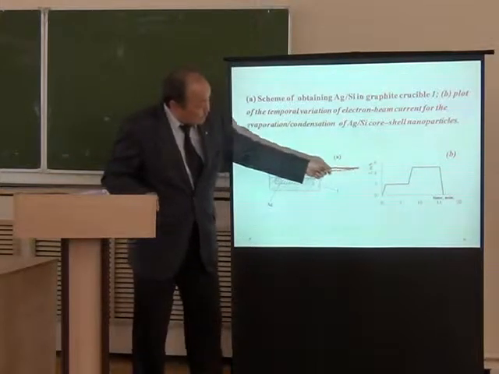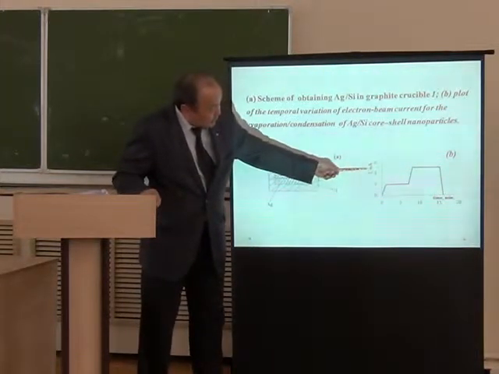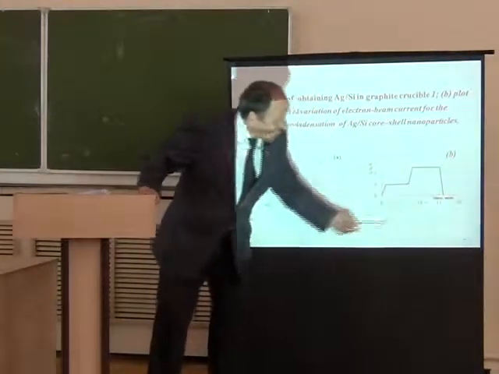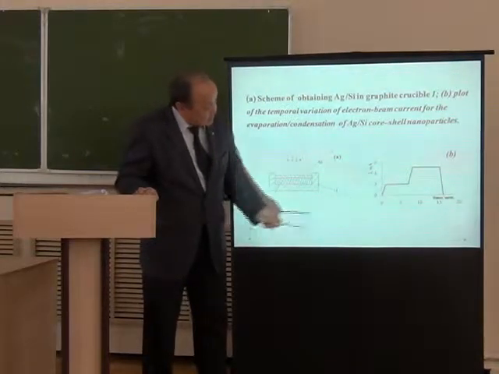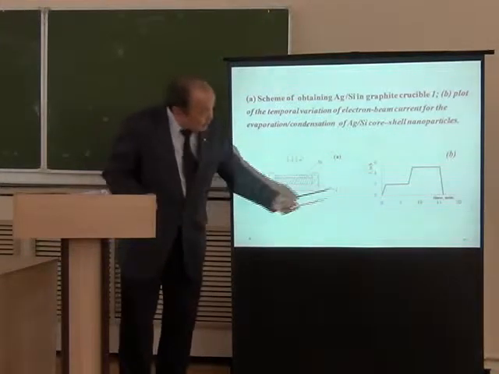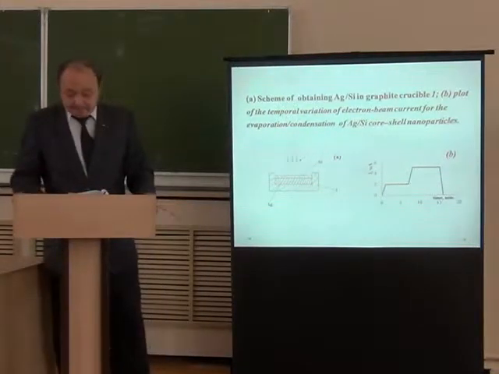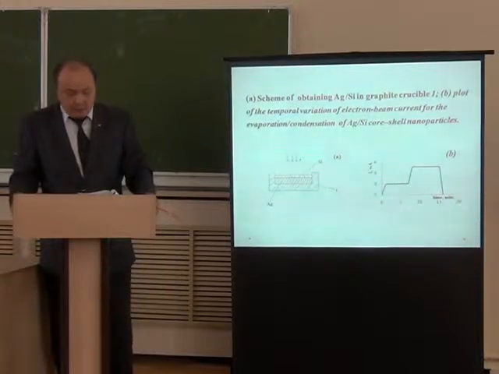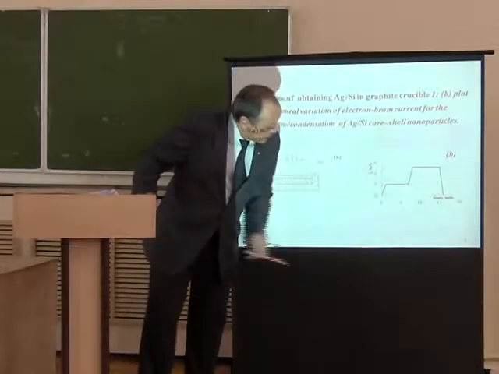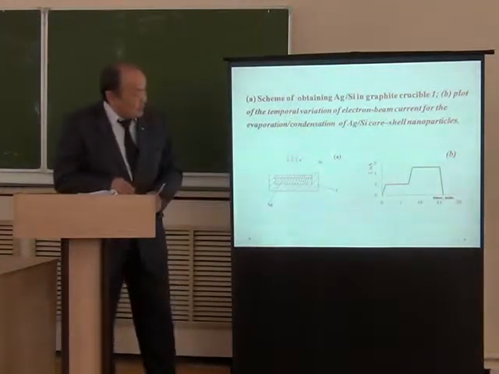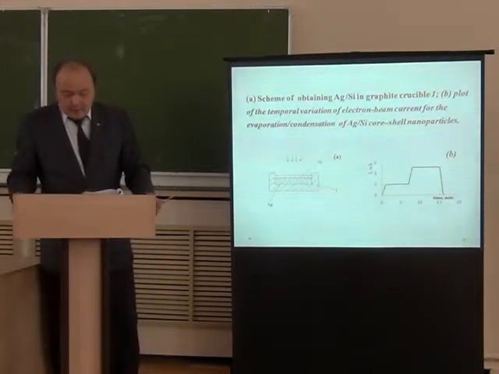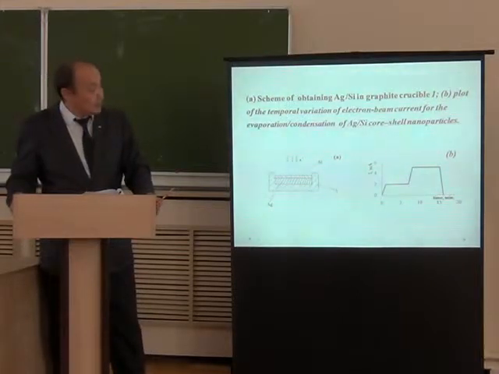In this direction, we see current, milliampere. In this direction, the x axis, time, minutes. At the first time interval, 0.7 minute, silver and silicon are melted together.